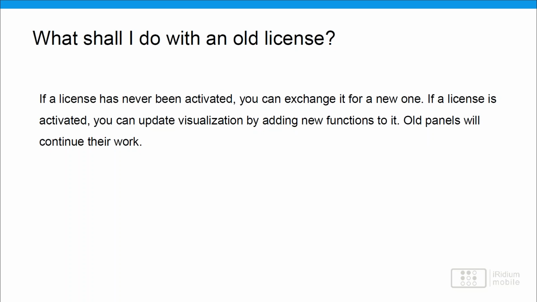But if the license was not activated, you can change this license to a coupon for the new version, for the new licenses. Just send the request for changing the license. The time of this change is limited, so please contact us if you want to change the licenses from the old version to the new one.